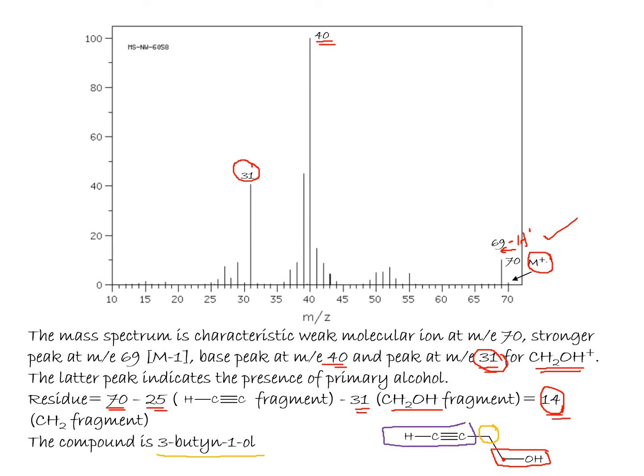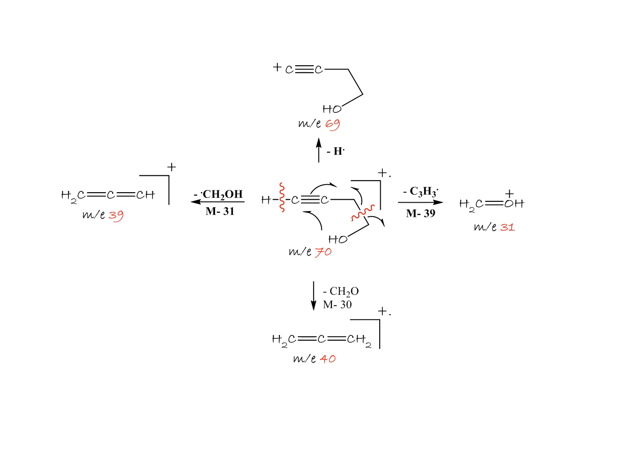3-butyn-1-ol. Let's check the mass spec. Here is the proposed structure with a molecular ion at 70, elimination of H will lead to 69, elimination of this part will give an ion at 31.